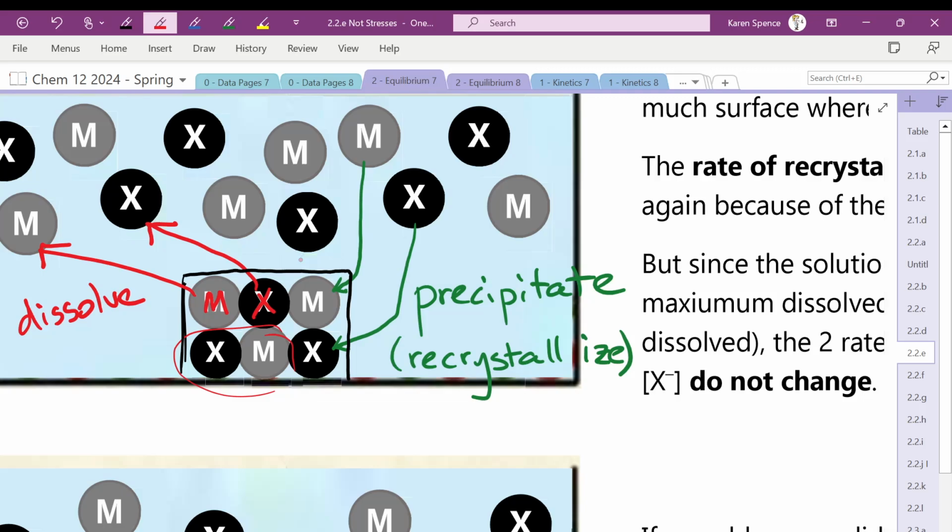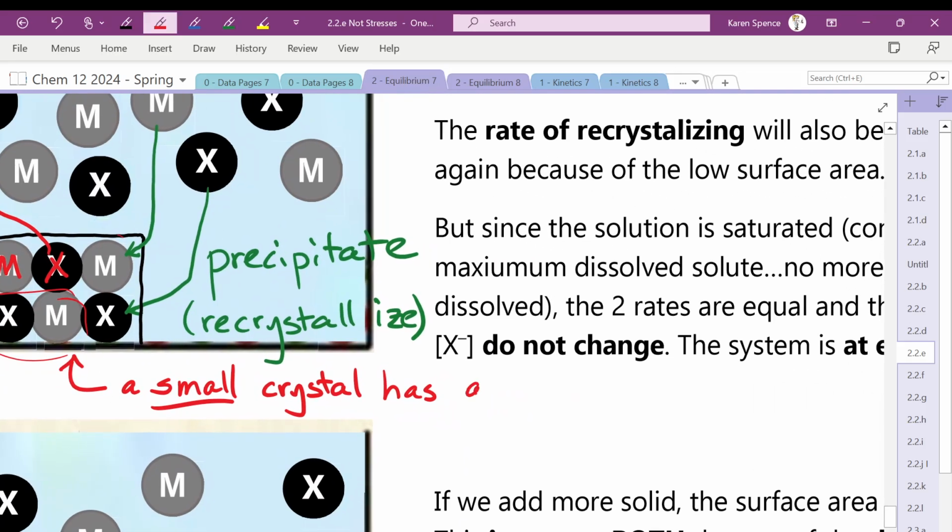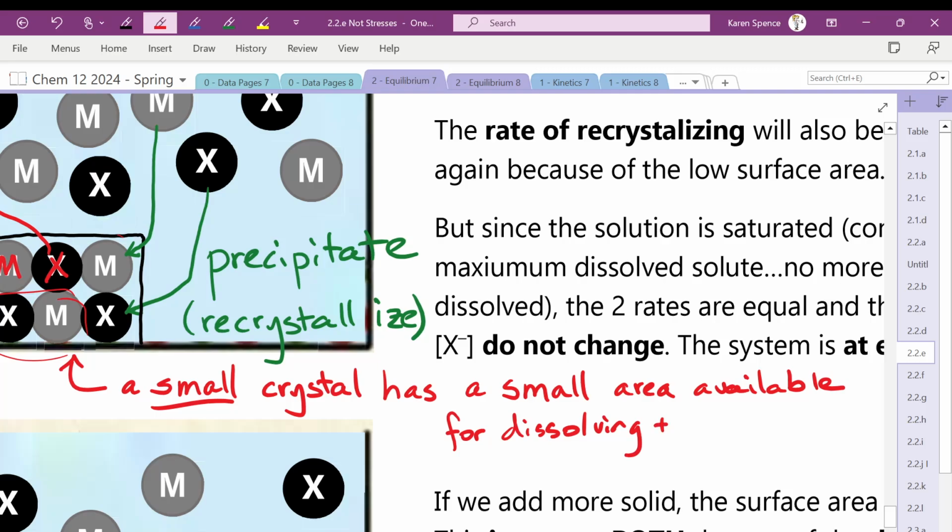So when you have a small crystal, there are few sites for dissolving and recrystallizing. It has a small area available for dissolving and recrystallizing.